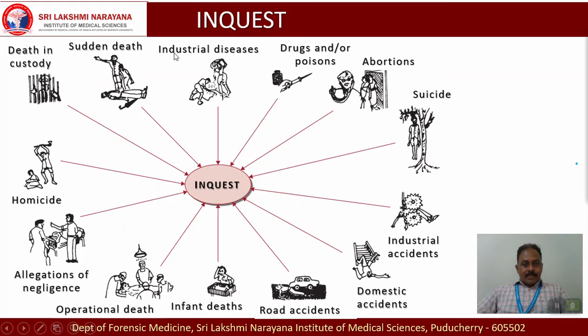Industrial deaths, accidents, drugs and poisoning cases, abortion, illegal abortion, suicide, industrial accidents, domestic accidents too, road traffic accidents, that is incidents that happen, trauma, infant deaths, sudden infant deaths or infant suspects are there, death on the operation table, allegations of negligence, or harm or injury inflicted by others, homicidal cases.